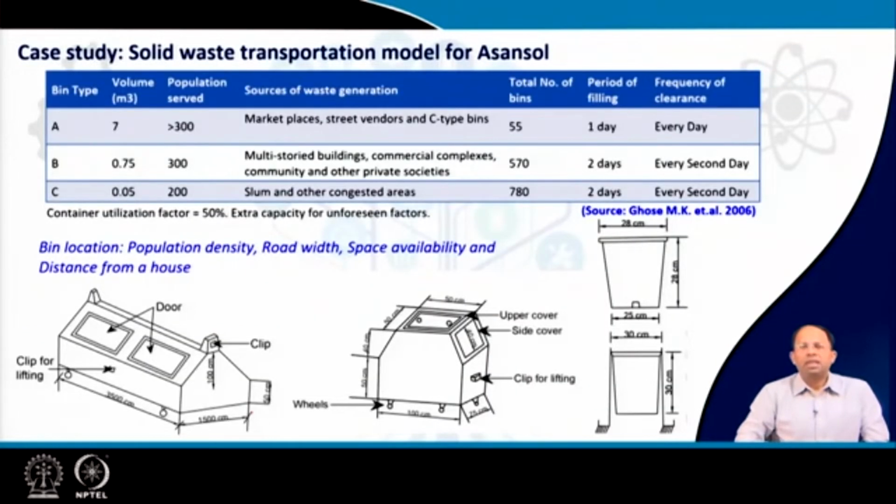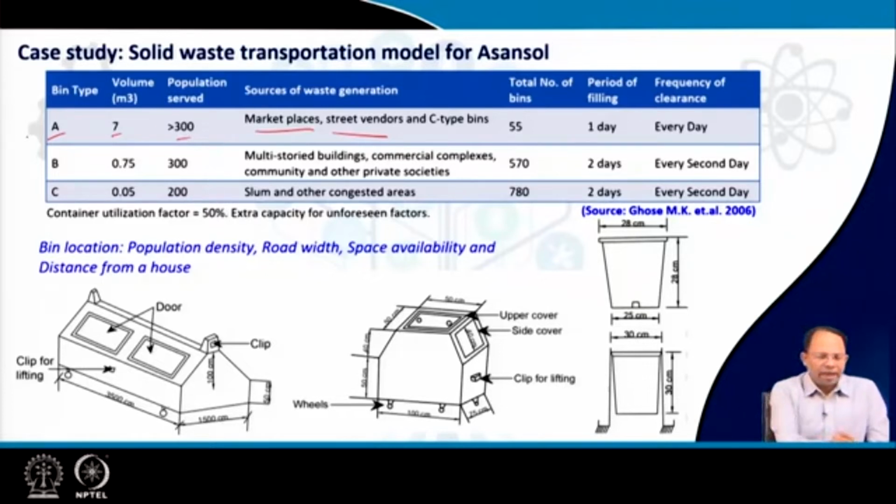Now, what kind of bins are considered? There are 3 categories of bins considered. Door to door is not considered over here. So, you can see that the bin type A with volume of 7 meter cube is thought to serve a population of more than 300, and it is located at marketplaces, locations where there are a lot of street vendors, and the content of C-type bins is actually transported to A-type bin.